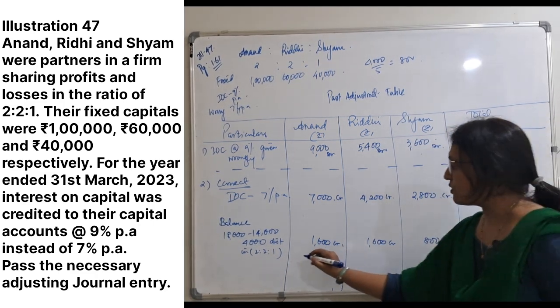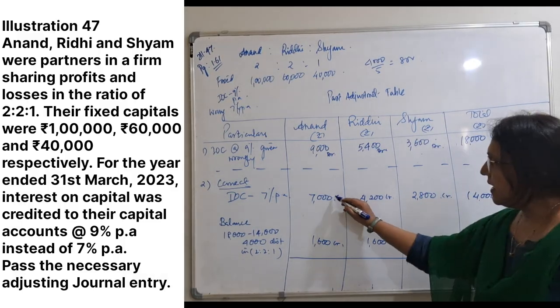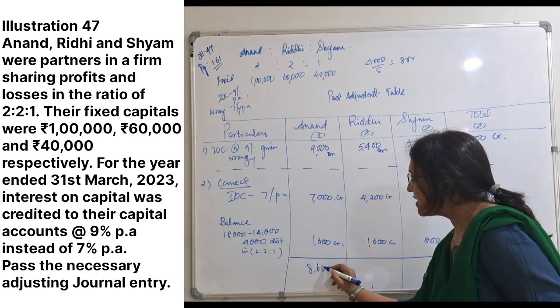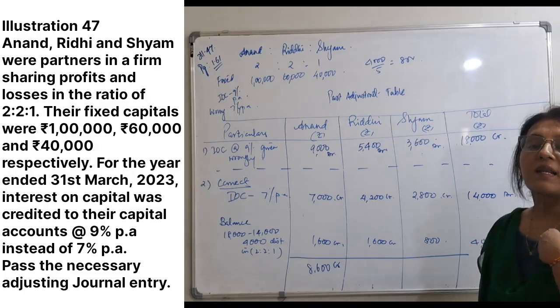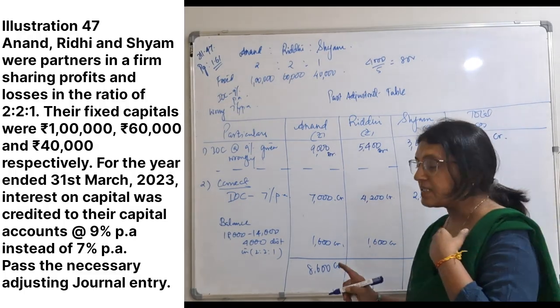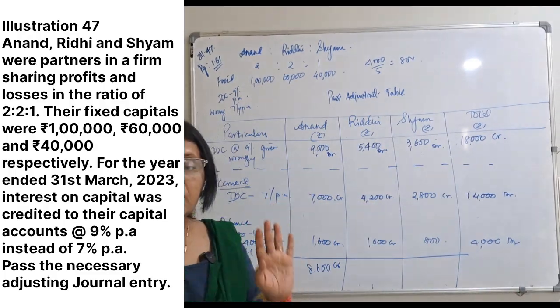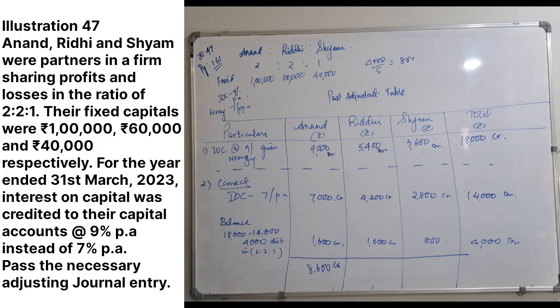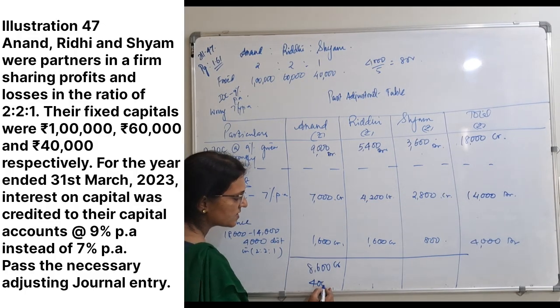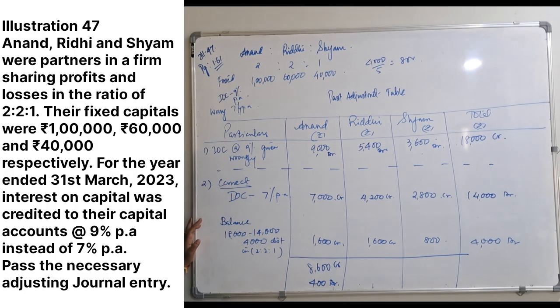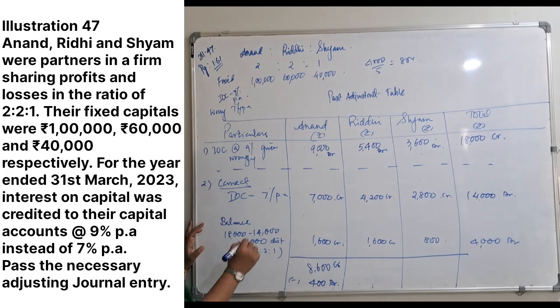Now take the total of this. He will get correctly 8,600. Before he got 9,000. So 9,000 minus 8,600, 400 we will debit from his pocket. We'll take away from him.